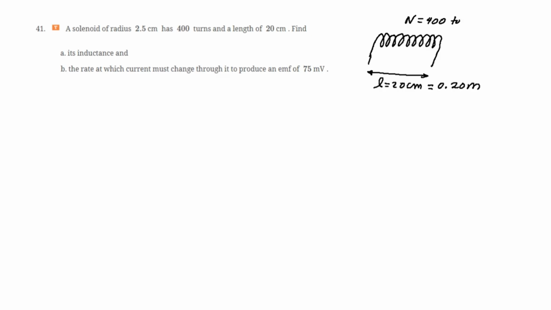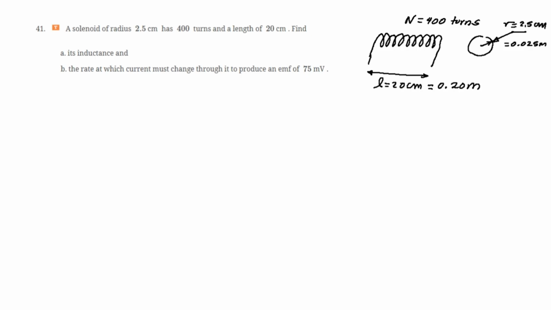And the solenoid has a radius of 2.5 centimeters. Now remember that 2.5 centimeters is 0.025 meters. So that radius is also 0.025 meters.